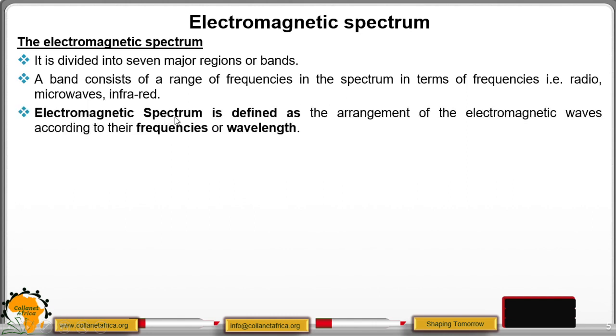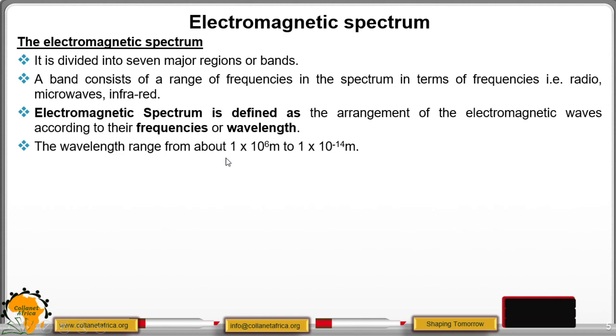So the electromagnetic spectrum is defined as the arrangement of the electromagnetic waves according to their frequencies. In other words, when you arrange them according to increasing frequency or decreasing wavelength, you form what we call the electromagnetic spectrum.